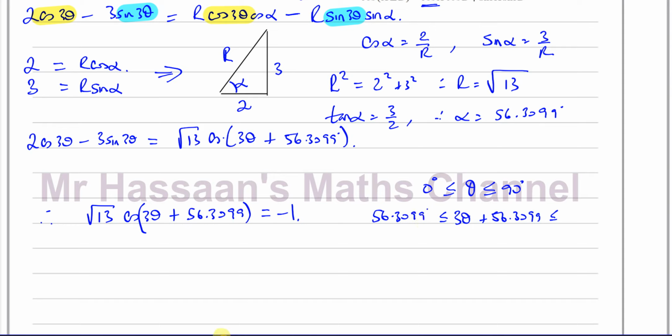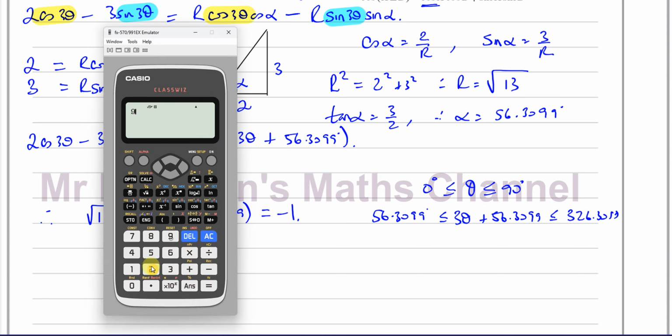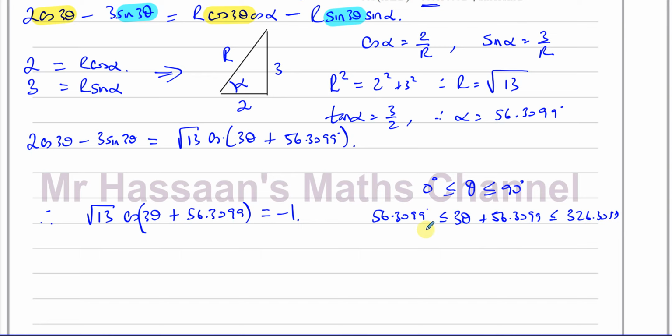And our upper limit is 90 times 3, which is 270, plus 56.3099, that's going to be 326.3099. Let's just confirm that in case I made a silly mistake. So 90 times 3 plus the last answer, 326.3099. That's correct. Okay.